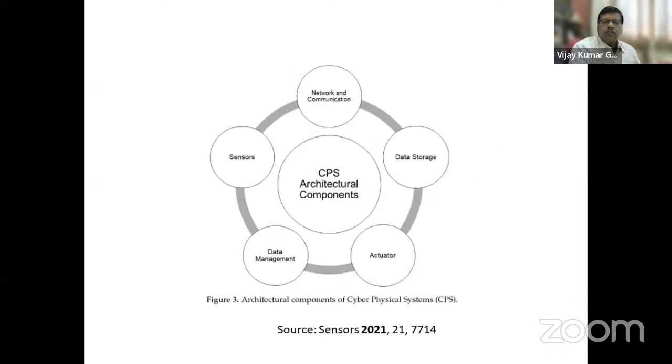When we are conceptualizing the CPS, basically we have to see what will be the components which we require. For example, this is the architectural components of CPS proposed in this paper published in Sensors in 2021.